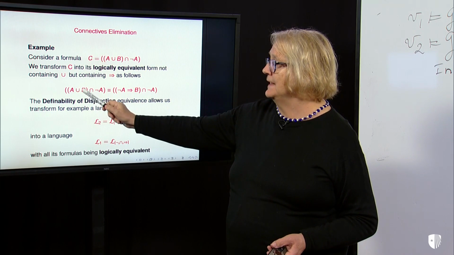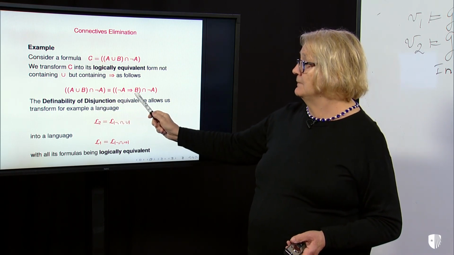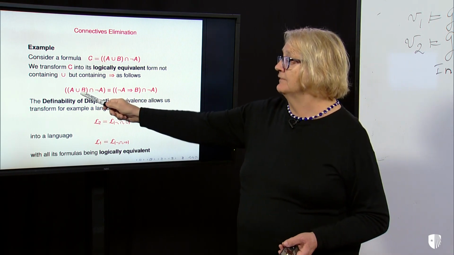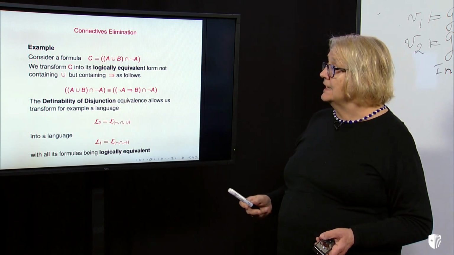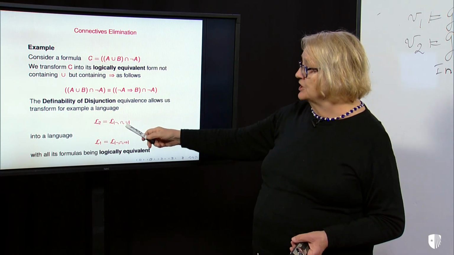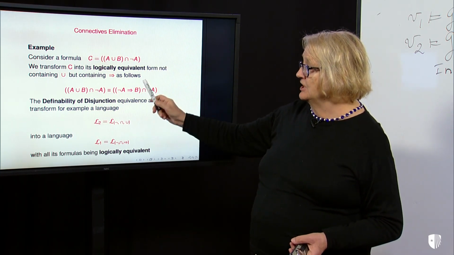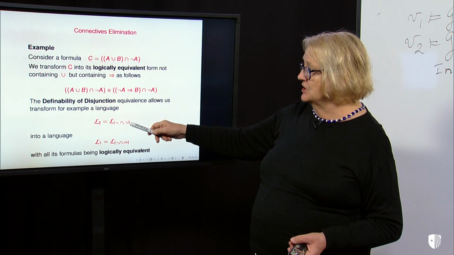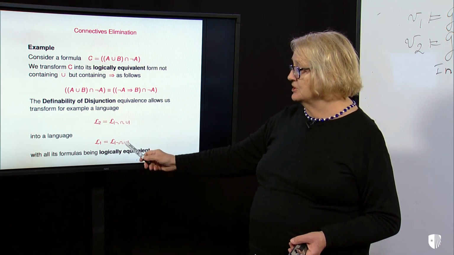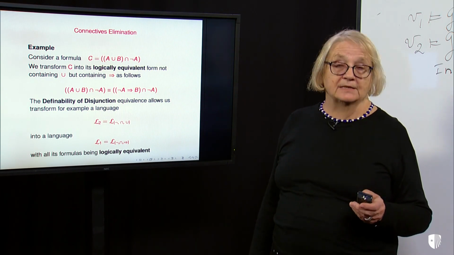I can replace this disjunction, not A and B, and I get a formula which does not have disjunction. It means when you look at this formula, we have a language which had disjunction, and I can change this language into one which does not have disjunction but has implication instead.